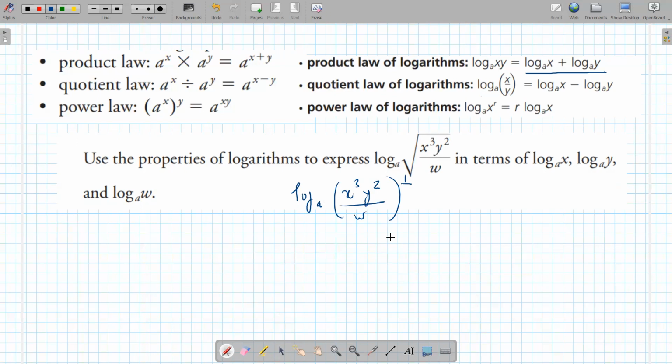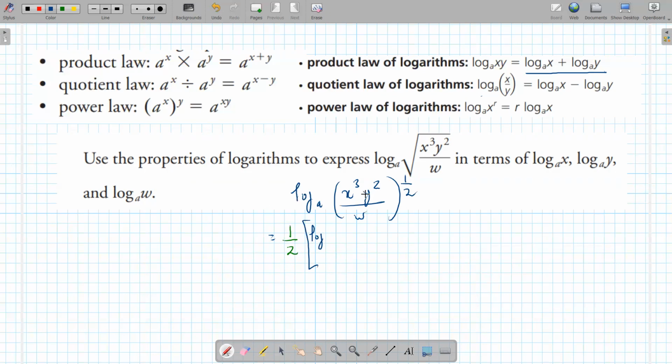1 over what? If it's a square root? 2. Can we bring that 1 over 2 in the front? Yes, so 1 over 2 in the front, exponent drops. Now let's look inside. We have x and y being multiplied, right?